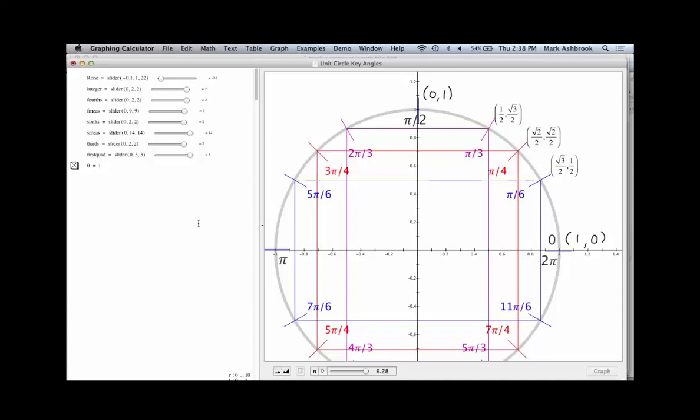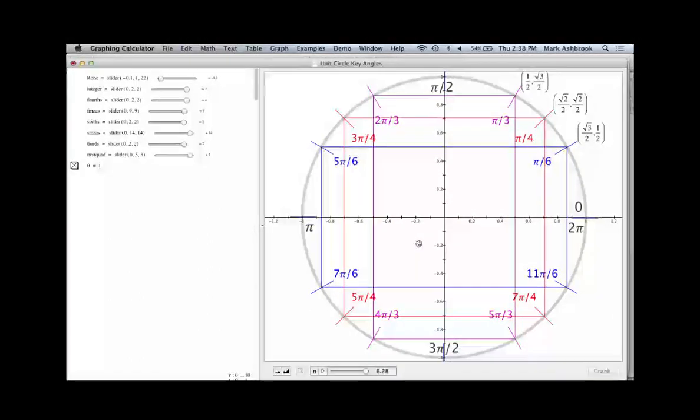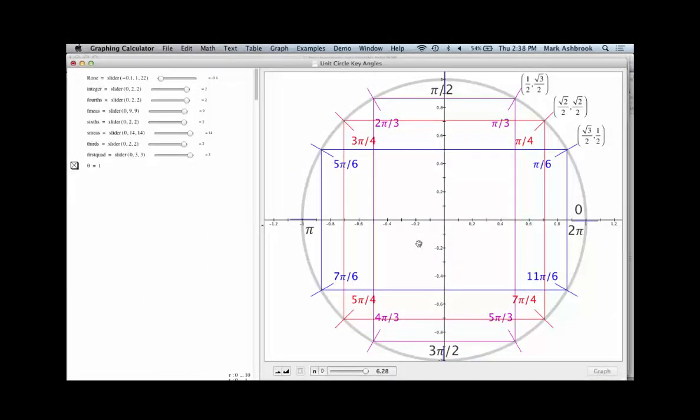It's just that if we're to the left of the vertical axis, then all those x-coordinates will be negative. And if we're below the horizontal diameter, then all those y-coordinates will be negative. So basically, we just learned all of them. You just have to apply the right positive or negative.